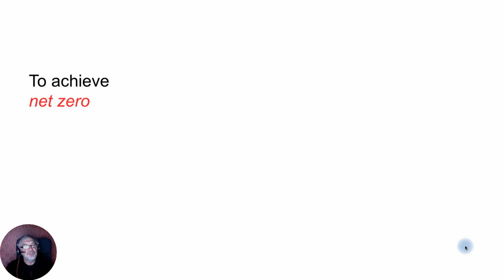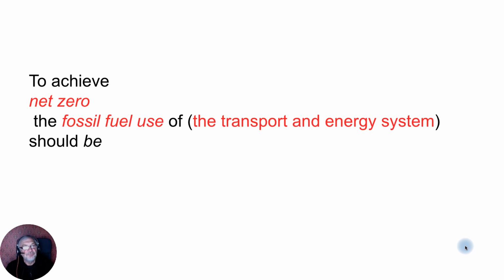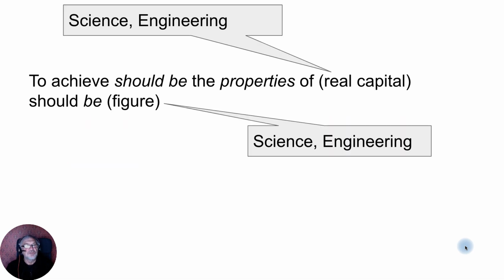For example, to achieve net zero, the fossil fuel use of the transport and energy system should be zero by 2045, which is what the Swedes have said. It's a reasonable goal.